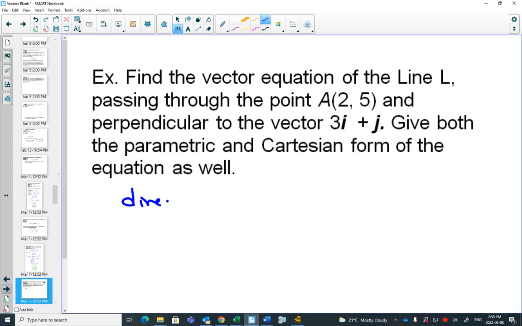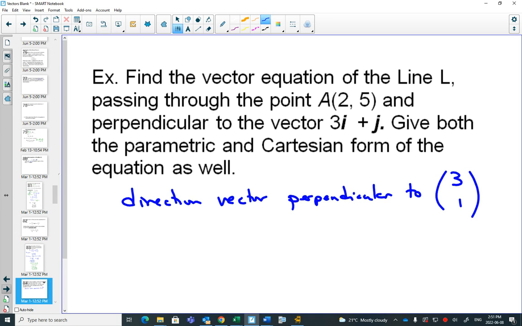So on this one, it's going to take us a little bit of work to get the direction vector, because the direction vector needs to be perpendicular to (3, 1).